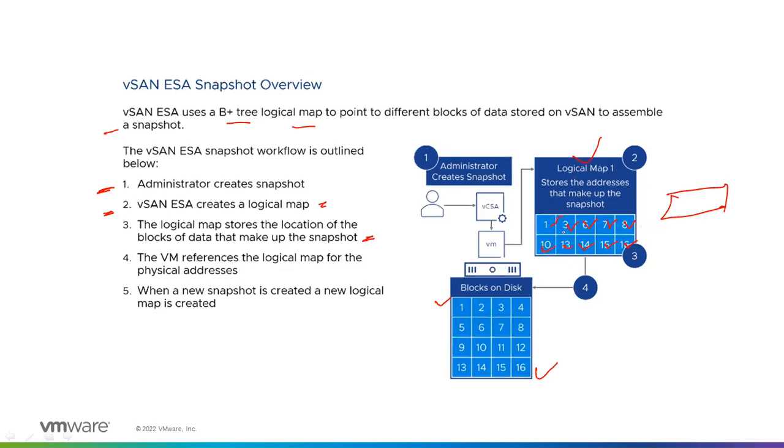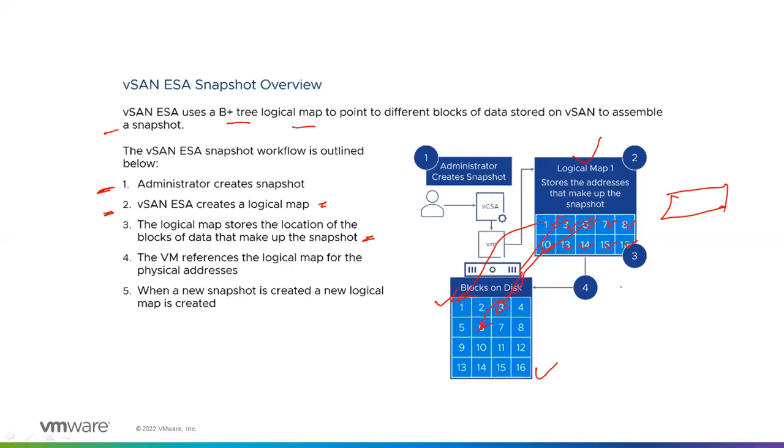So when you delete it, it will be merged 1 to 1, 3 to 3, and 6 to 6. Why is it like that? Why not 1 to 3, 4, 5, 6? The reason is that the changes happened in logical map 1 only on these blocks: 1, 3, 6, 7, 8, 16, 15. This is just a random number, just taken as an example.